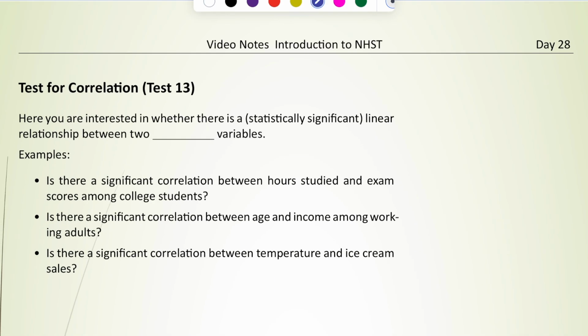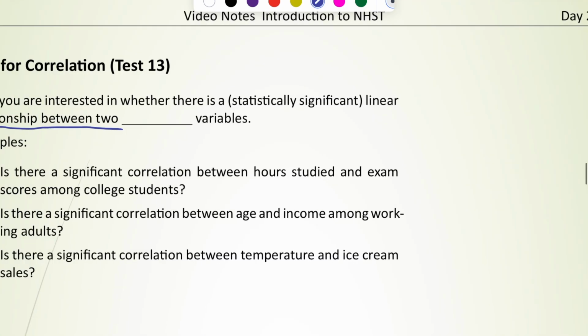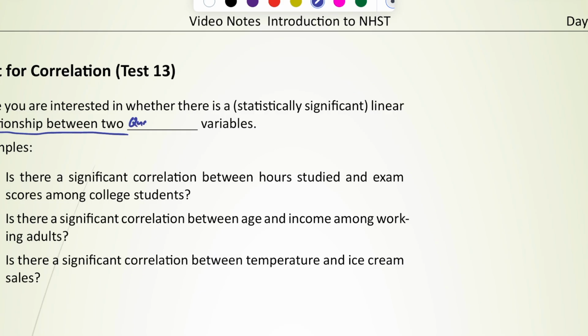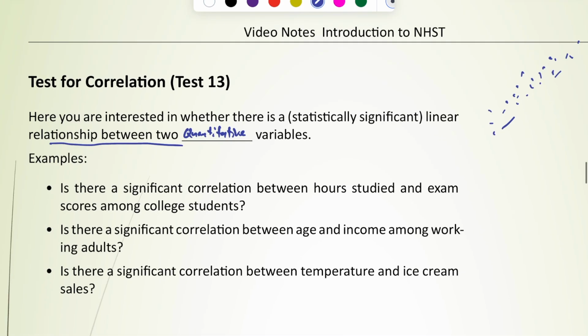Okay, so here you are interested in whether there is a statistically significant linear relationship between 2 quantitative variables. Linear relationship meaning there's a correlation like a line. All right, so is there a significant correlation between student study hours and exam scores?